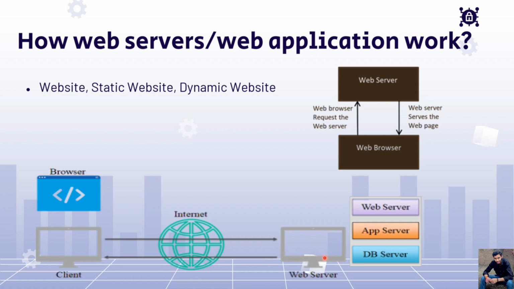The web server forwards these requests to the web application server, and the web application server queries the database, generates the result for the requested task and sends it back to the client. So the web server responds back to the client with the requested information, in a nutshell. This is how web servers and web applications work.